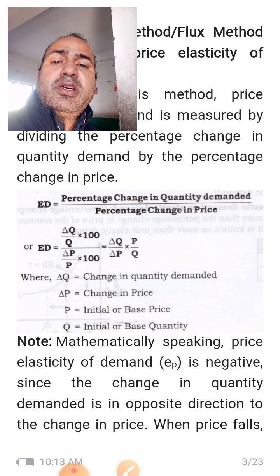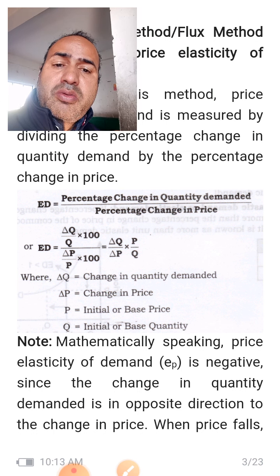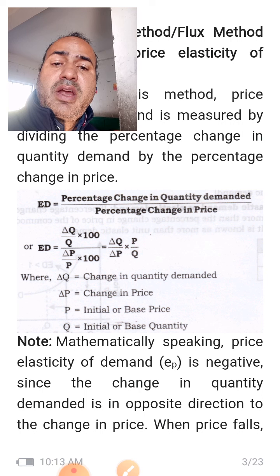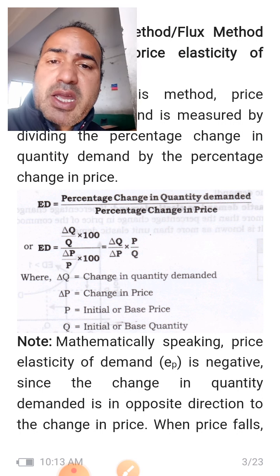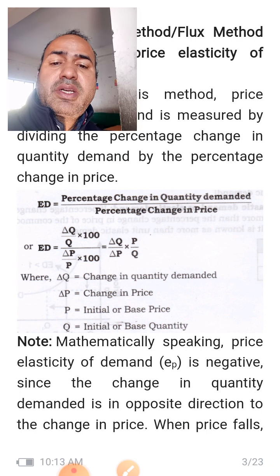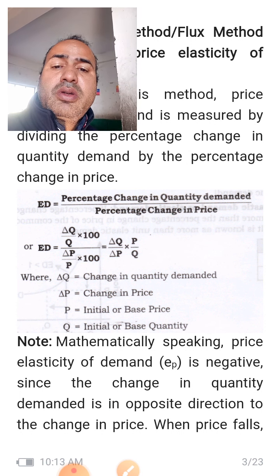Change in quantity demanded means the final quantity minus the initial quantity, and change in price means the final price minus the initial price of the goods. We can write ED equal to delta Q upon Q.